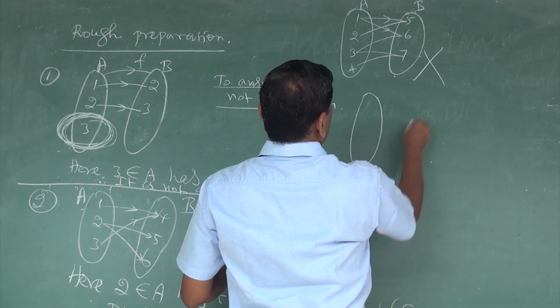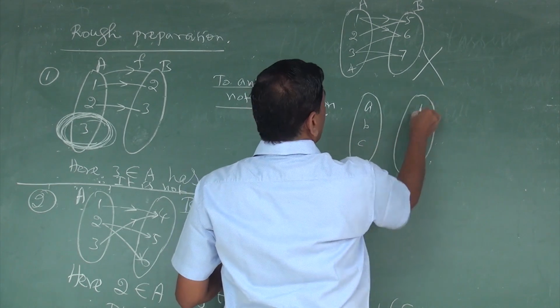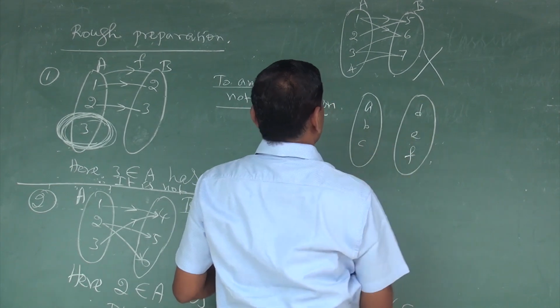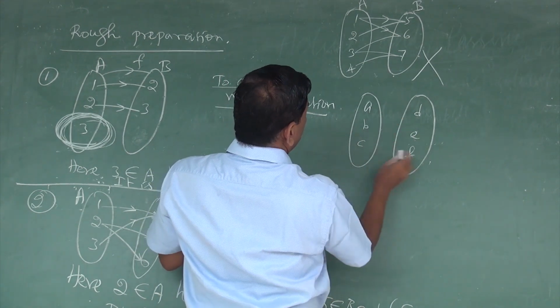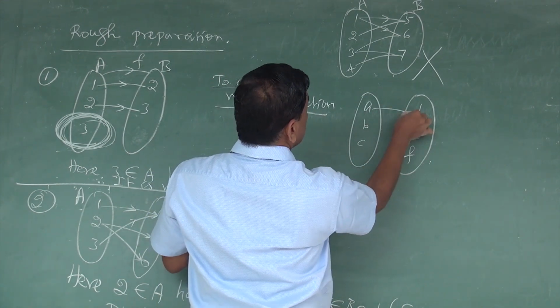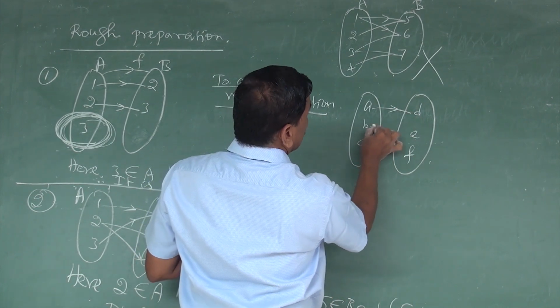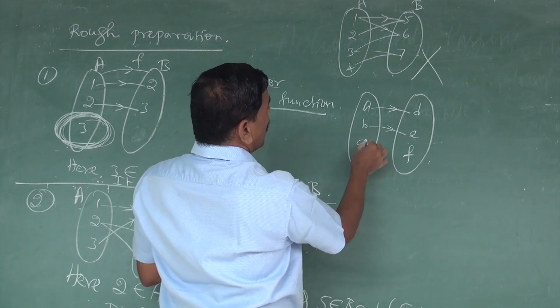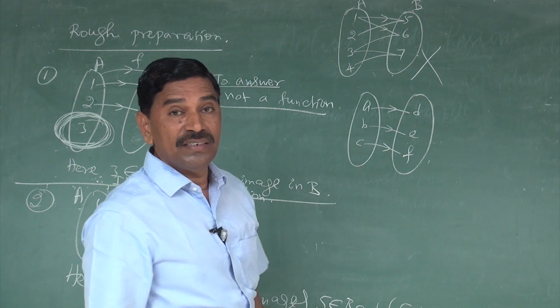Say for example, suppose A, B, C and D, E, F. A's image is D. Next, B's image is E and C's image is F. Whether it is a function or not?